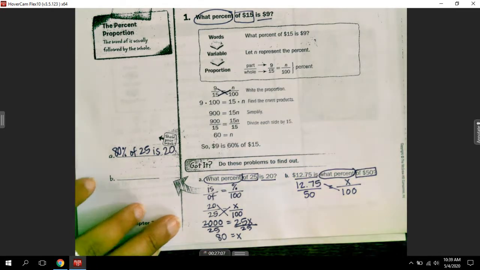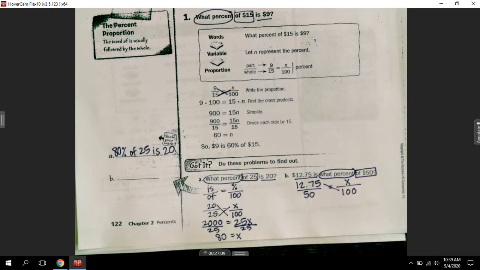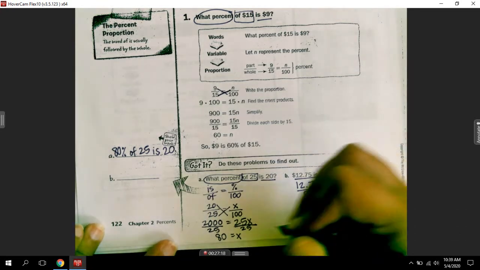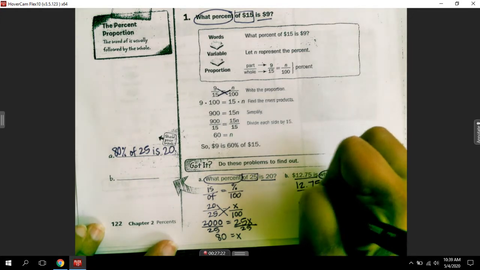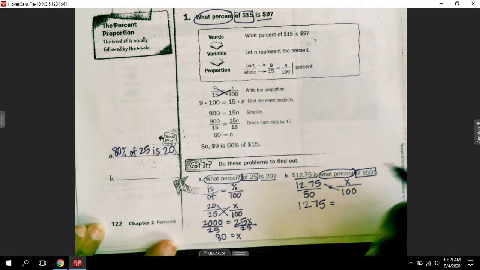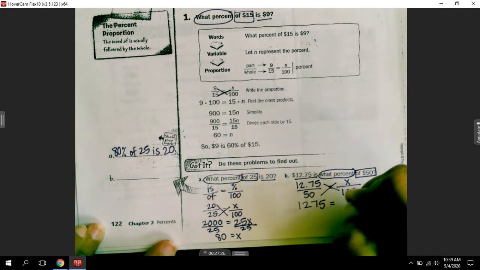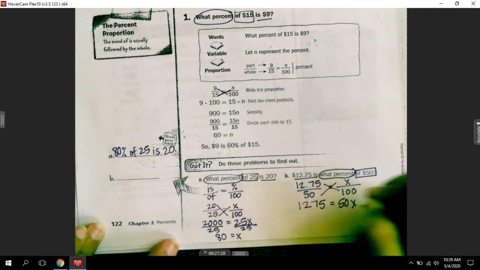So now you're going to cross multiply. So 12.75 times 100. You're really just moving that decimal place over 2 places to the right. So this is 1,275 equals 50 times x, which is 50x.